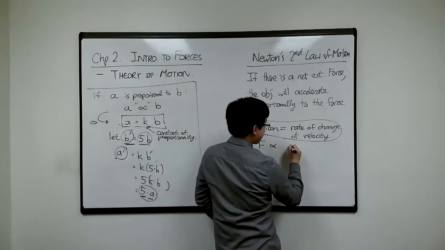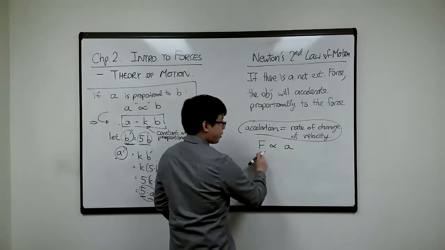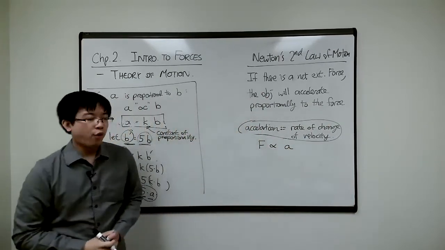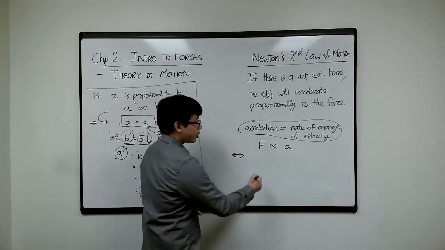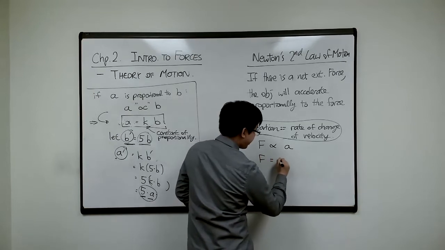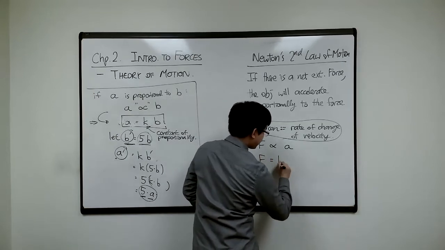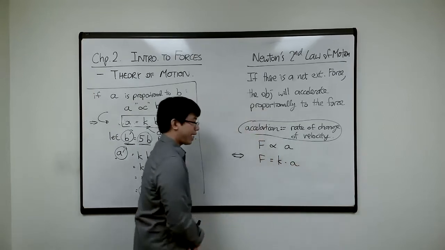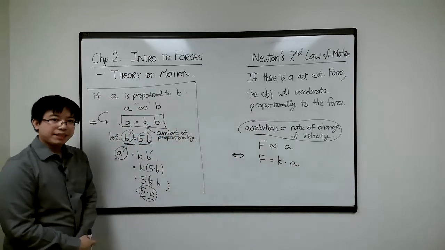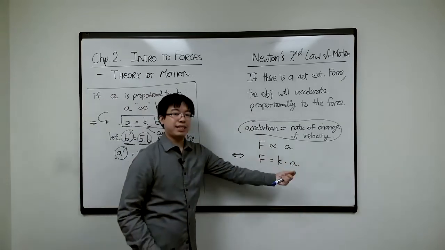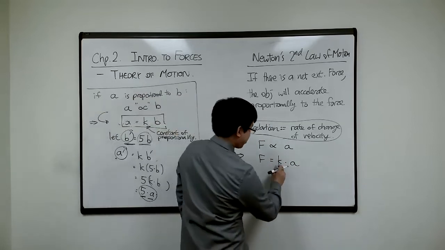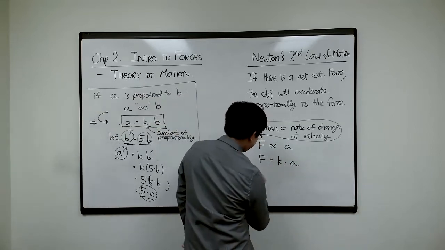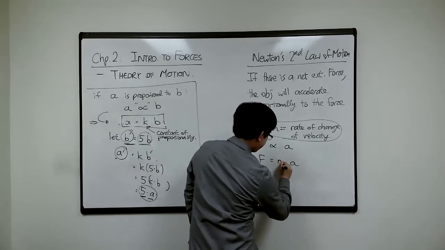So the acceleration is going to be proportional to the force, which means, as we just recapped, you can rewrite this as F equals a constant times A. Anytime something is proportional to something, you can write it as some constant times A. And that constant is what we call mass, so I'm going to replace that with the symbol m.